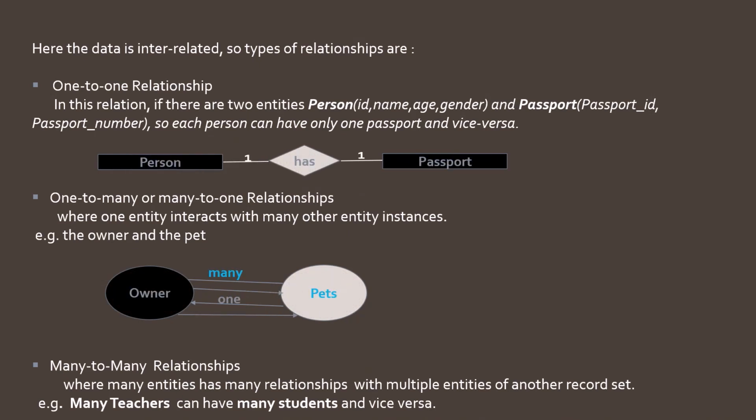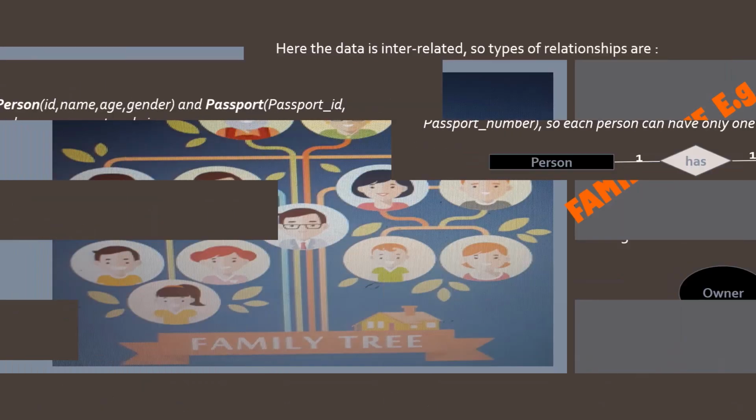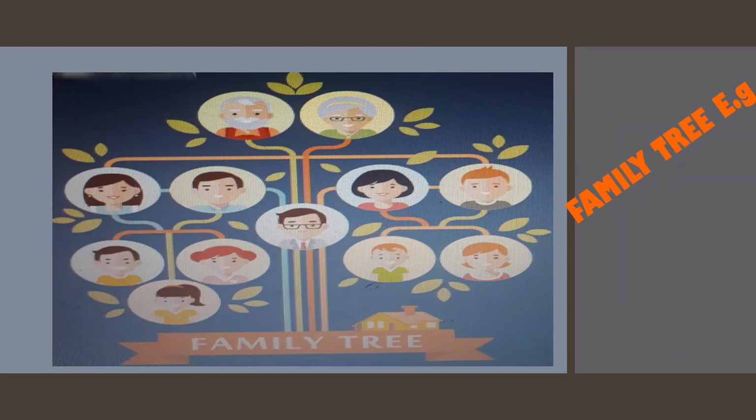One example is how a one-to-one relationship works, how a one-to-many relationship works, and how a many-to-many relationship works. So we get to know some good examples here. We have something for kids: we have introduced a family tree. I think a good example is your grandpa and your grandma.